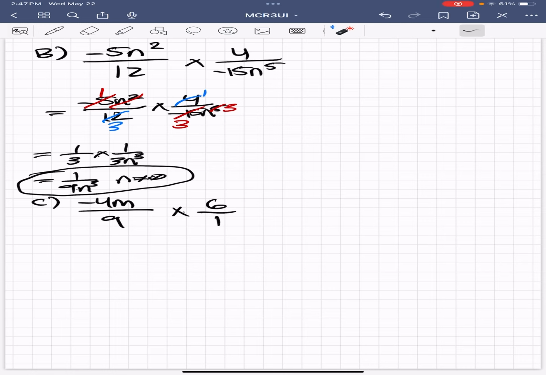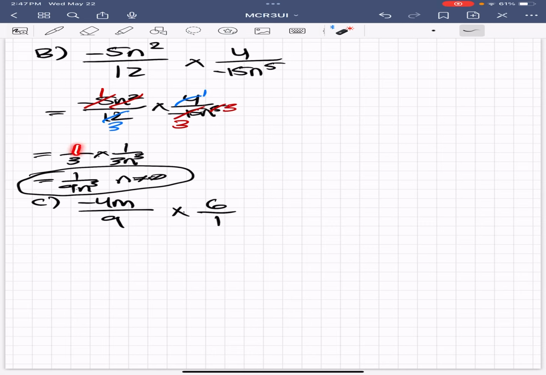Because it's n to the power of 2 and n to the power of 5, we cross out n to the power of 2, and then we turn this n to the power of 5 to n to the power of 3. And then negative 5 and negative 15 are divisible by negative 5. So this becomes a 1 and this becomes a 3.